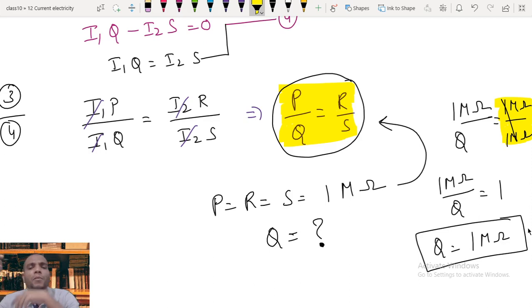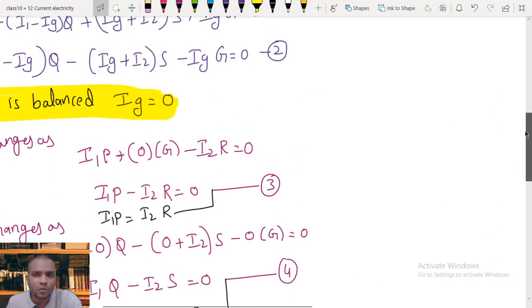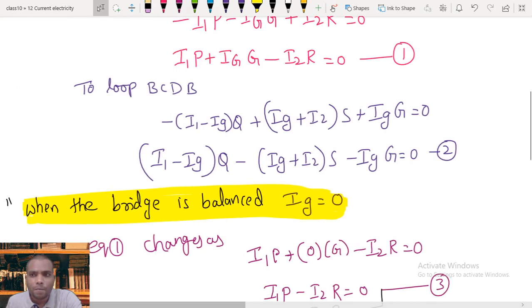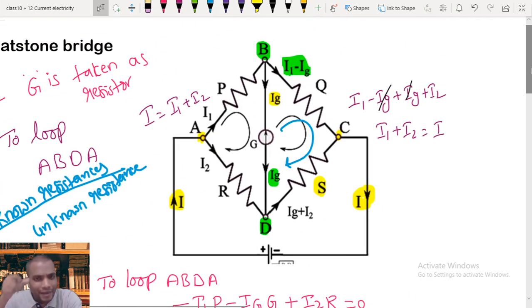When the Wheatstone's bridge reaches the balanced state, it is easy to find the unknown resistance value. So this is the greatest application of the Kirchhoff rules, to find the unknown resistance value by connecting them in the Wheatstone's bridge pattern.